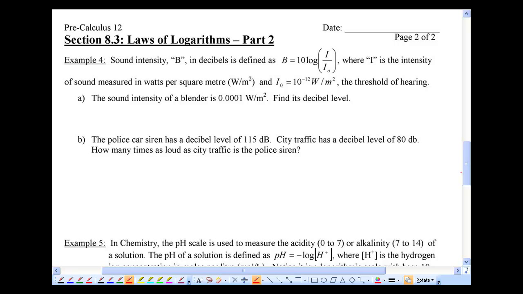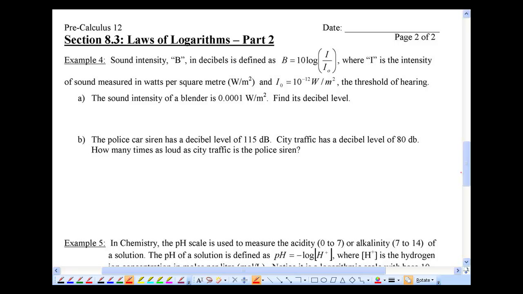It's B equals 10 times log of the ratio of I to I naught, where I, of course, is the intensity of the sound that's measured, in watts per square meter. And I naught, which is your initial intensity, is actually 10 to the power of negative 12 watts per meter squared. And that's what they call the threshold of hearing. So that's like your baseline. Just like how we did the earthquake ones, we had this baseline.